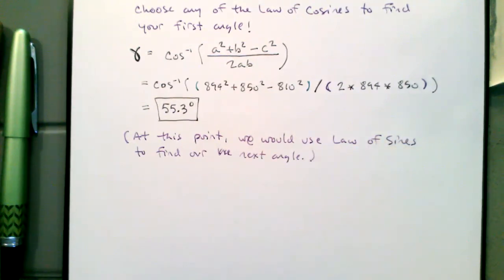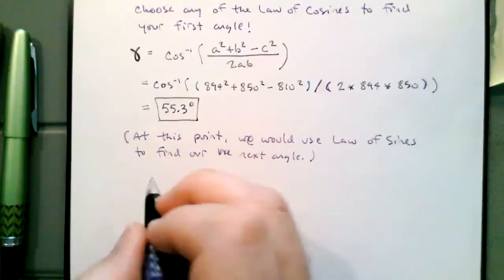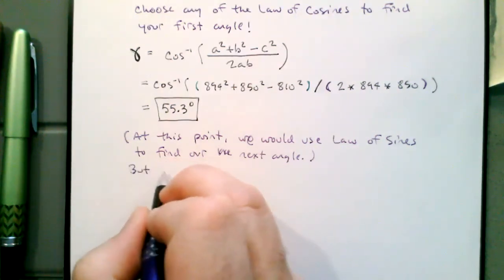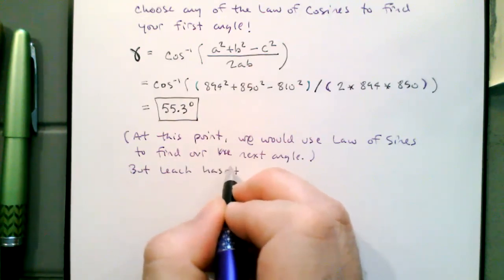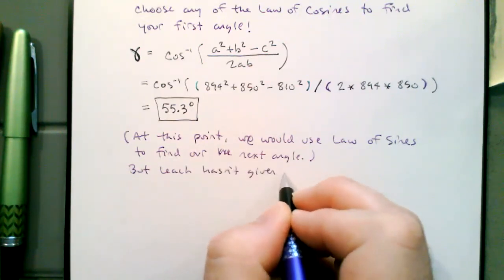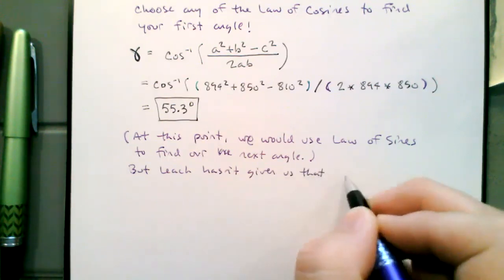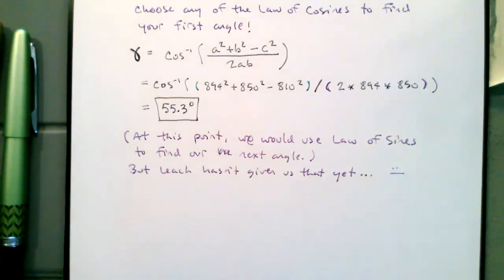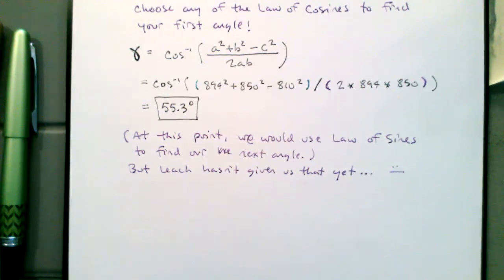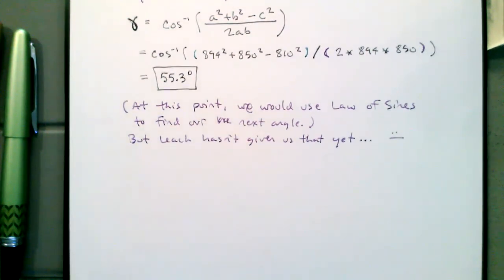So we can still use the law of cosines, we still have all three sides, and we can use that to find any of the angles. But that's okay. Law of cosines is so much better. And you can believe that all the way up until I tell you what the law of sines is.